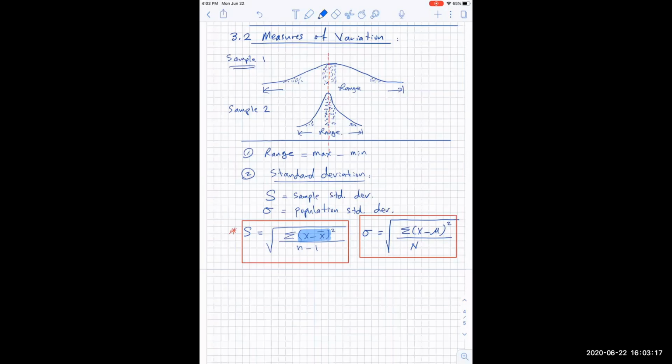And you're taking those differences and squaring them, and then finding the sum of the squares.